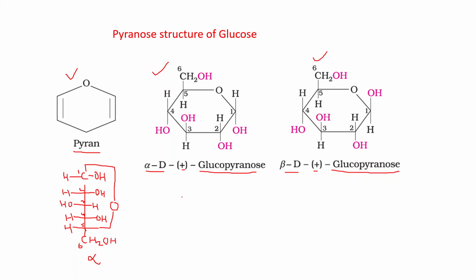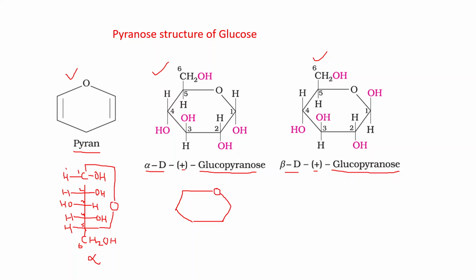Now we will convert this into the pyran structure. Just try to understand. You can draw it like this. This is a 6-membered ring. First carbon atom.